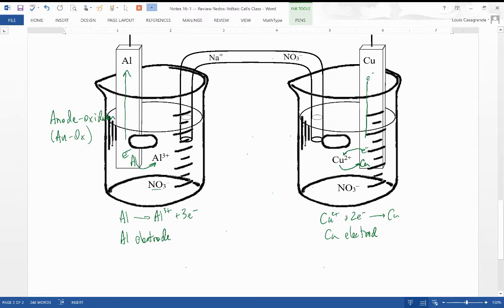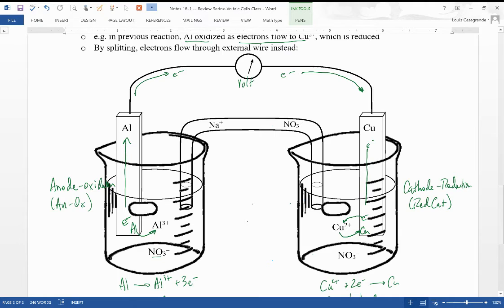So anode is the oxidation. On the right side, we have the cathode. The cathode is where the reduction takes place, and this is always going to be true. And our mnemonic for the cathode is a red cat. So not only do we have Leo the lion says grr, we have an ox and a red cat.